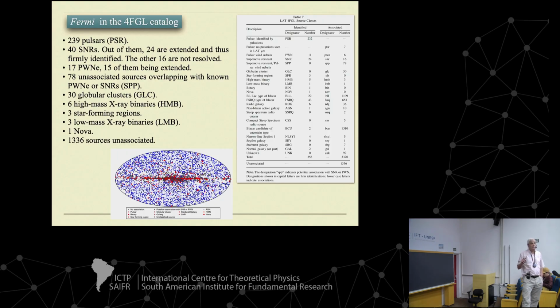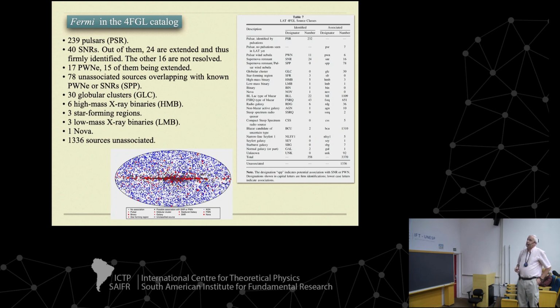We see the pulsations. And then we have another 3 or 4 more for which there are no pulsations, but this could be because of the issue we were discussing yesterday of the alignment between the magnetic moment of the pulsar and the rotation axis.